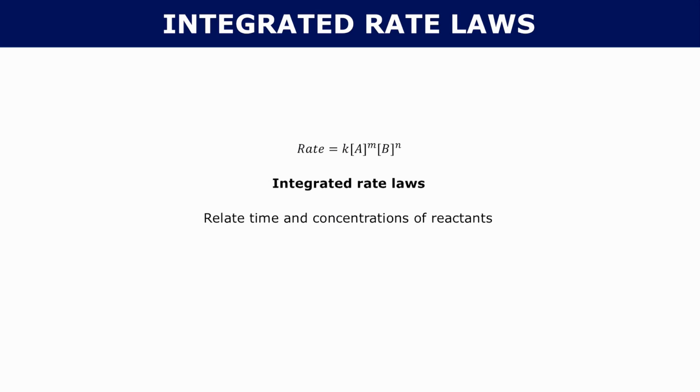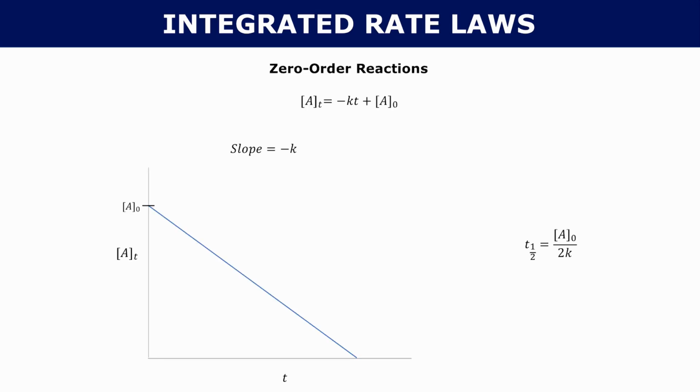So your rate laws are different depending on what order you have. So we're going to go through the first three orders today. So 0, 1, and 2. Let's start with 0. For zero order reactions, your concentration at some time t is going to be equal to minus kt plus your initial concentration.